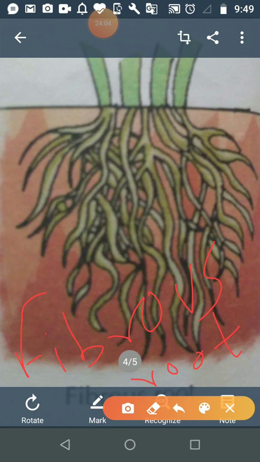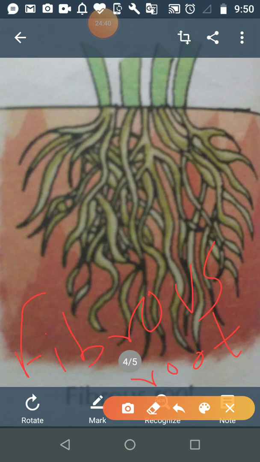Roots hold the soil very tightly. Is it clear? That is the reason, even due to wind or due to rain, the plants do not fall, because these roots hold the soil very tightly. So first point is clear.